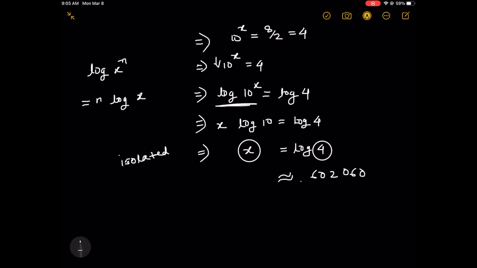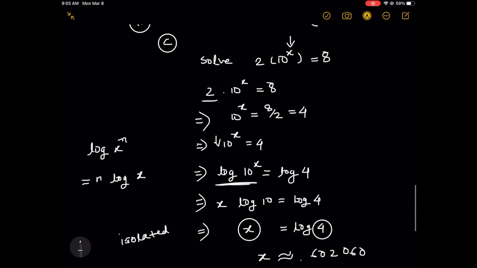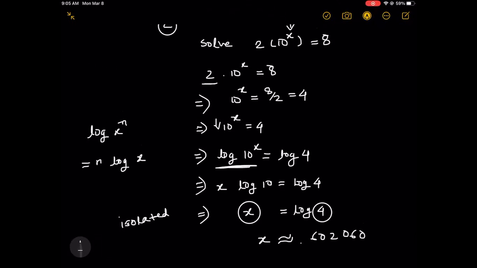Okay, so this is the solution of the given problem. If you are asked to show your work for these problems, you need to write it up to this, then you can use your calculator to show this value.